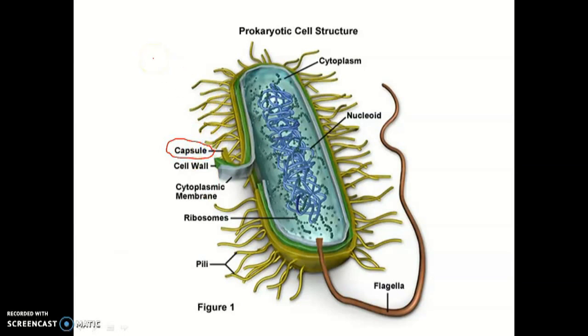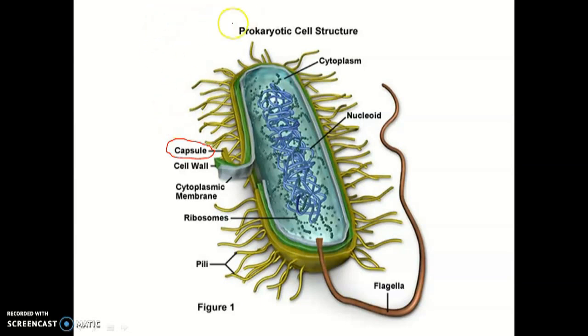It is not present in all the bacteria, and its main function is to protect the bacteria from desiccation, and it also contributes to virulence in some pathogenic bacteria, because the presence of capsule makes the bacteria resistant to the process of phagocytosis. Capsule is mainly made up of polysaccharides, which, as I said, is quite helpful in pathogenic bacteria.